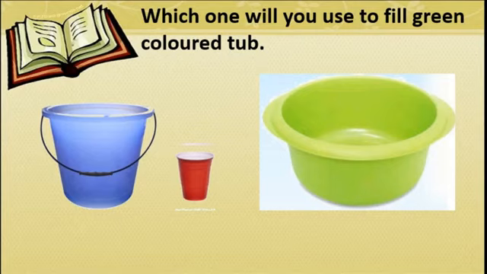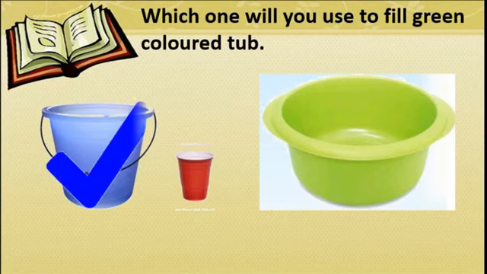Are you going to use bucket or are you going to use the glass? Yes, you are right. We are going to use bucket, correct? Because the capacity of the bucket is more than the capacity of the glass. So we are going to use bucket to fill this green colored tub with the water, right?